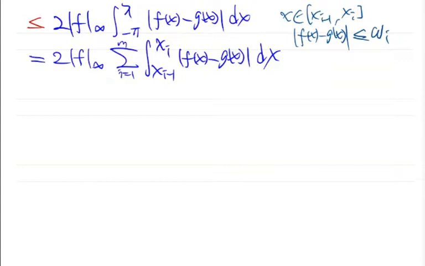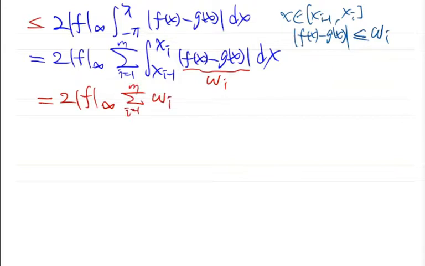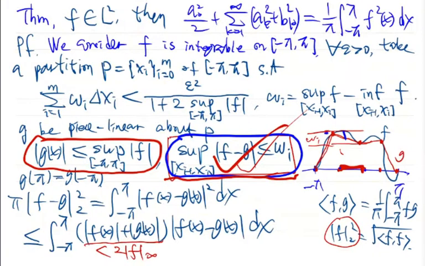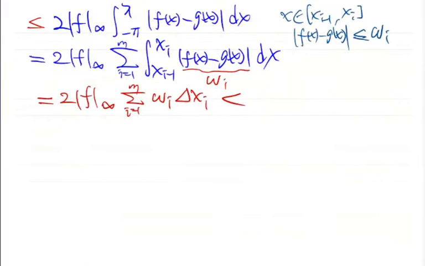Using this, we can replace the integrand by ω_i. Then this sum is ω_i multiplying the range of the integral, Δx_i. But this is less than ε², by our requirement on the partition.